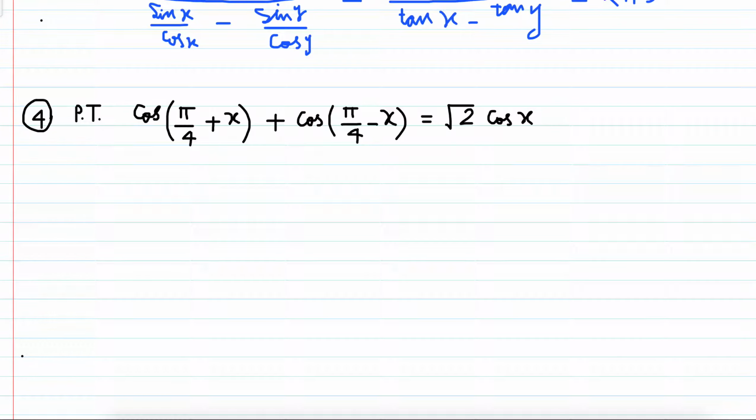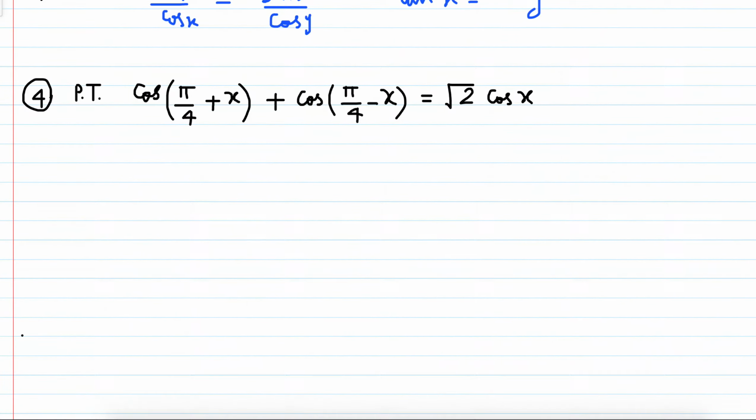We can use that formula, or if we don't remember it, we can just expand these two terms. So this is cos(a plus b), this is cos(a minus b). We can expand these two terms and we will be able to get the result, or we can directly use the cos a plus cos b formula.